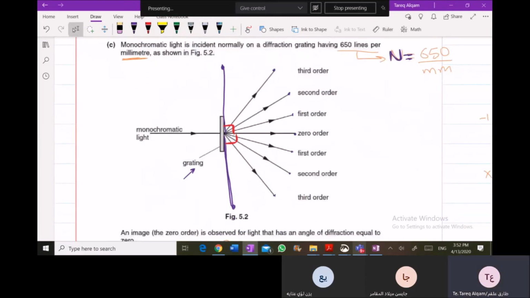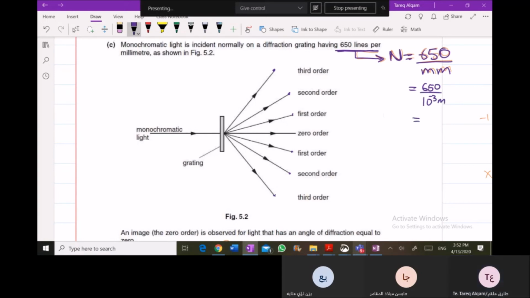Now here there's a diffraction grating like this. We are given, guys, that the grating has 650 lines per millimeter, which is 650 divided by 10 to the power minus 3 meter.